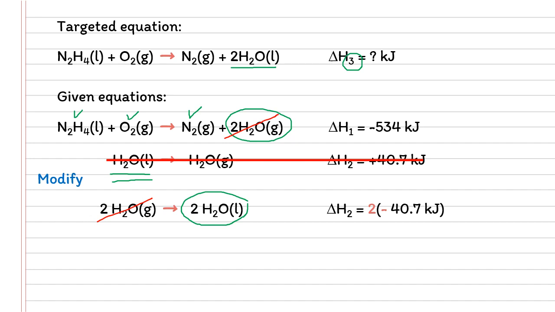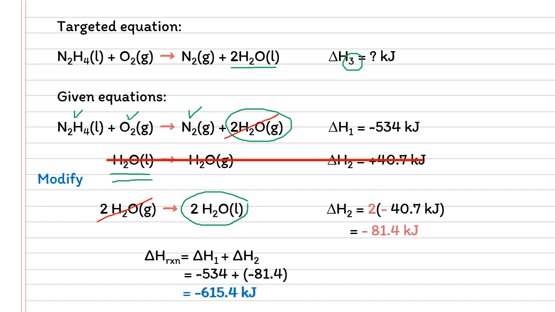But before we proceed to the next step, we need to first calculate the enthalpy 2, which is negative 81.4 kilojoule. Lastly, to get delta H3, we need to sum delta H1 and also the modified delta H2 like this. Then substitute the value, and you're going to get negative 615.4 kilojoule.